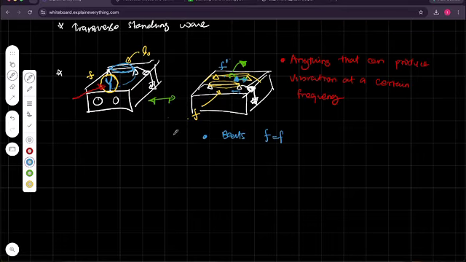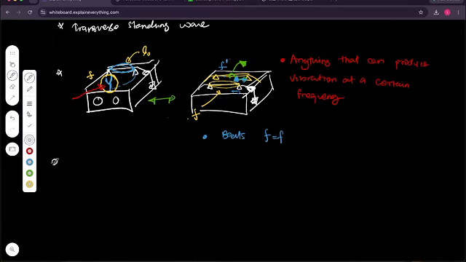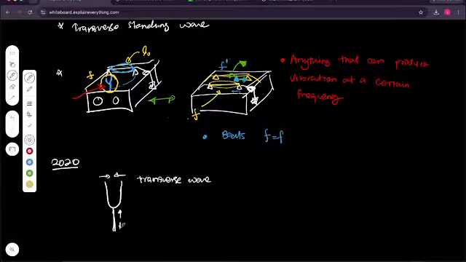Then from 2020, we know that the tuning fork's prongs have transverse vibration, but the stem has vibration in the up and downward direction, longitudinal. So this is a point worth noting down.